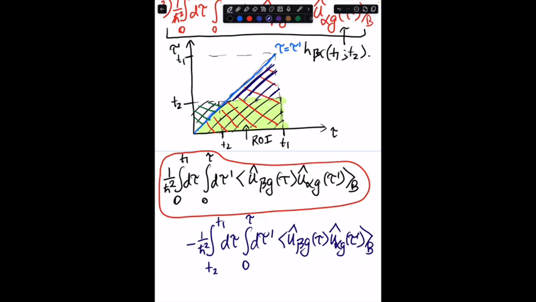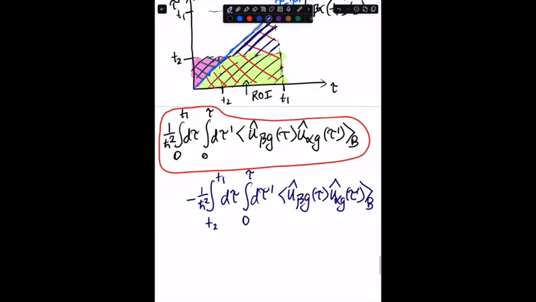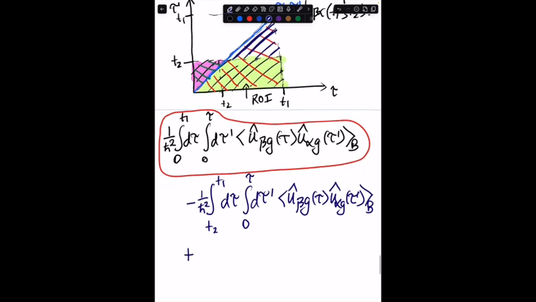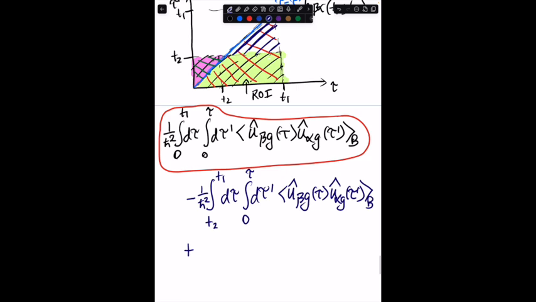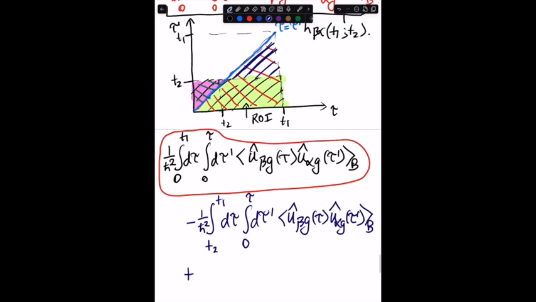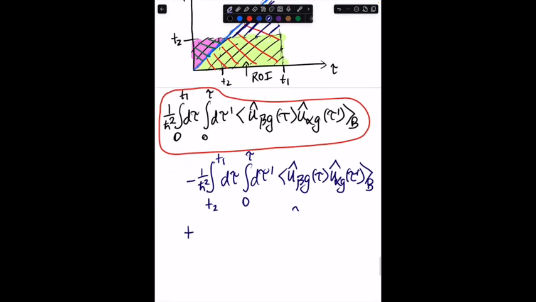Now, the last thing I want to do is sum this area into that calculation. So I will add, and in this case, I'm in a region across this line, on this side of the line. So in this case, tau lies from 0 to tau prime.